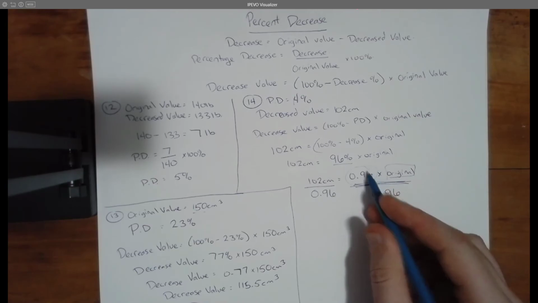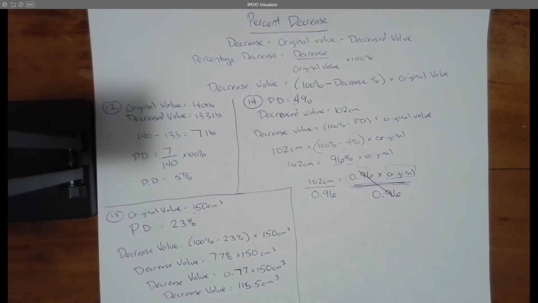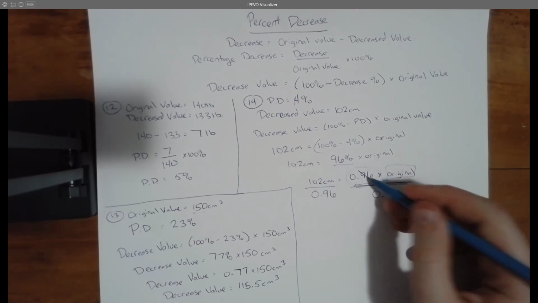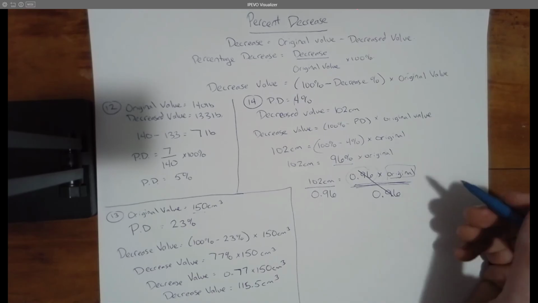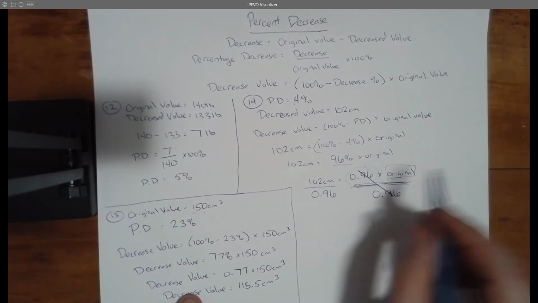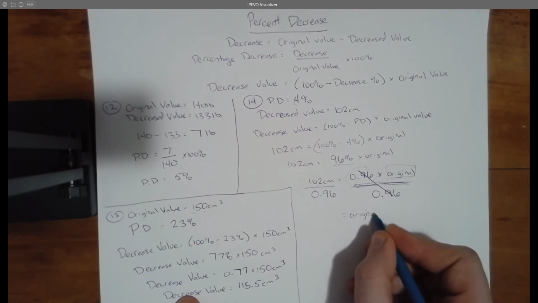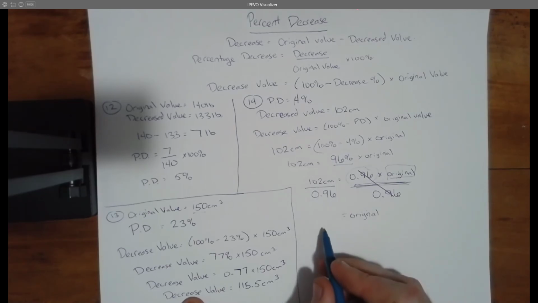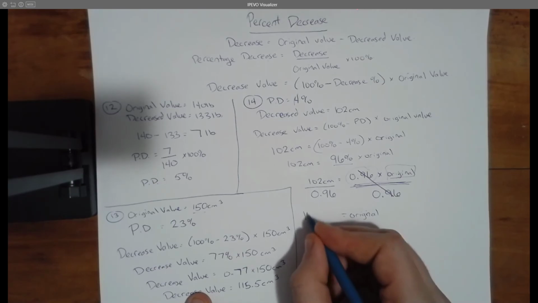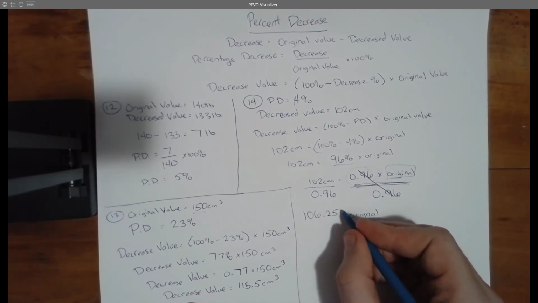Now on this side, 0.96 divided by 0.96 cancels out, because a number over itself just equals 1. 1 times the original value just equals the original value. So you're left with just the original value on this side, which is what we were hoping for. And on this side, we're left with a division question, which is going to leave us with our answer, which is going to be about 106.25 centimeters.